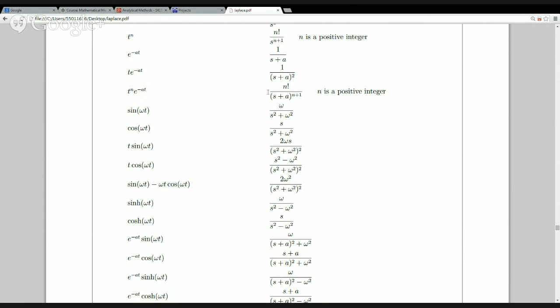C implies, so we know what y bar is now. C is s squared y bar minus s x bar equals 2 over s.